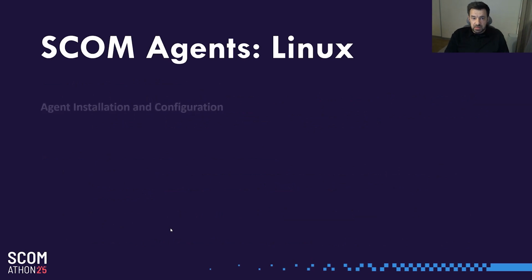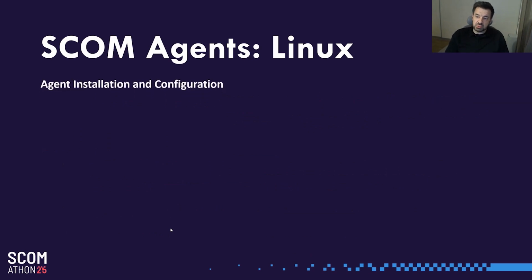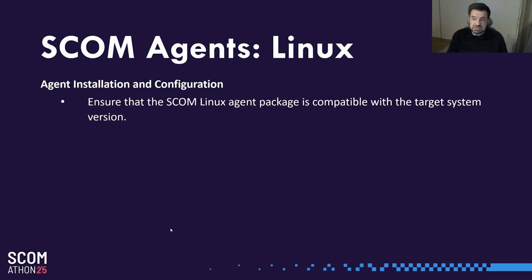Another type of troubleshooting is troubleshooting of the Linux agent installation and its configuration. What needs to be said here is that you always need to ensure that your Linux agent package is compatible with the targeted system that you need to monitor, with the Linux distribution. There are different packages for each distribution and also different packages for each OS version, so you need to ensure that you have the exact version suitable for your Linux devices.